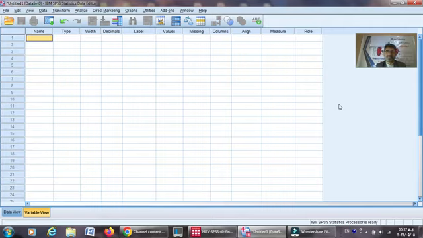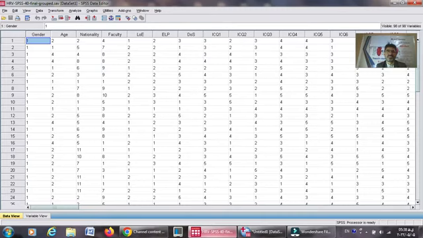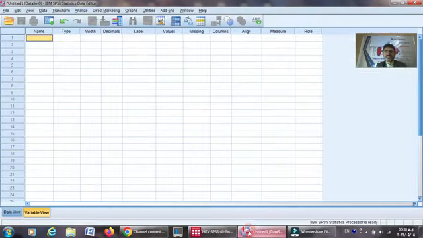SPSS has different versions. This version is version 20. I used version 20, and I also have version 16 on my computer, because I have some data sets and sometimes use it to analyze data, to compare some data. Here we can see differences in color, because the first color was from before IBM bought this software, and after that IBM brought some changes to the color and structure of the software, and they changed the name to IBM SPSS Statistics.